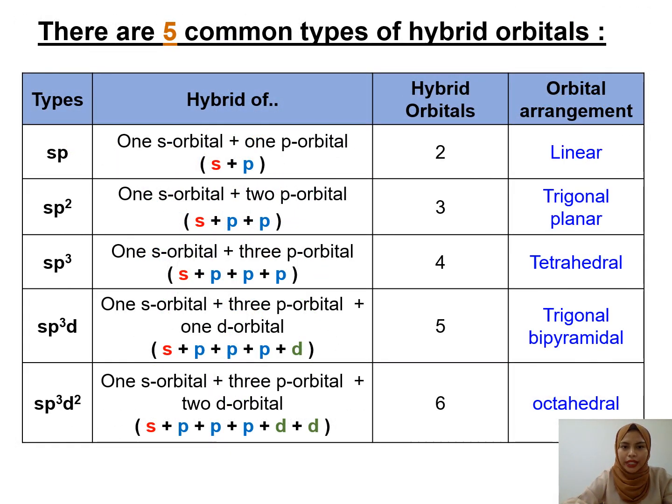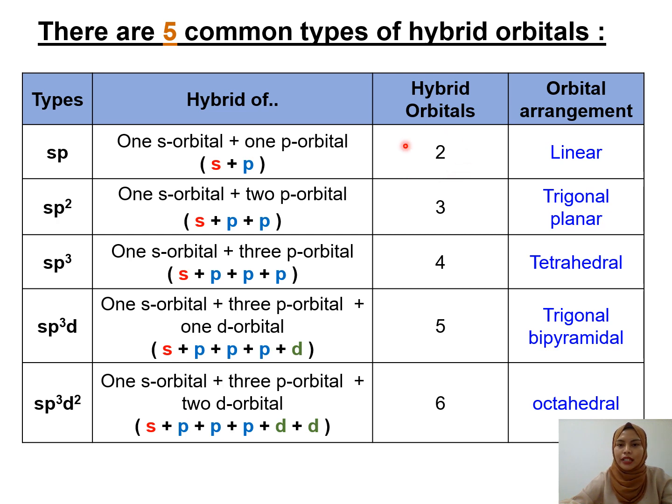Okay, to conclude everything, there are actually 5 common types of hybrid orbitals such as sp, sp2, sp3, sp3d, and also sp3d2. And one of the tips to know the type of hybridization at the central atom is by counting the electron pairs at the central atom. If the electron pairs equal 2, that means the hybridization for the central atom is sp. If the electron pairs at the central atom are 3, the hybridization is sp2.